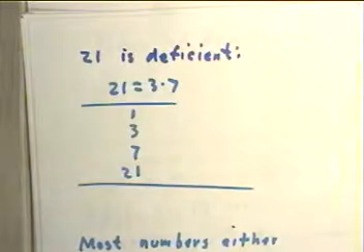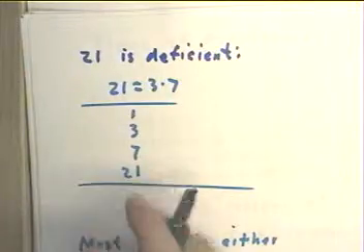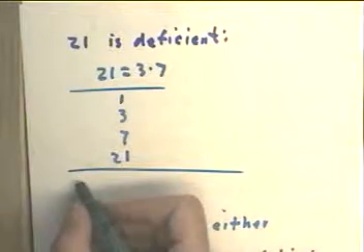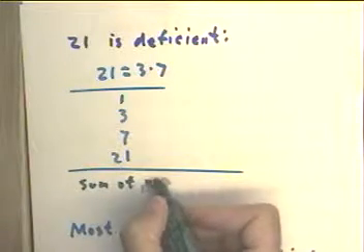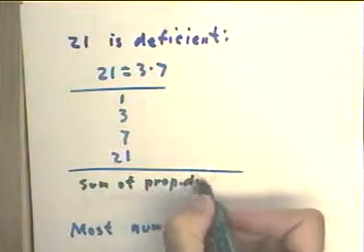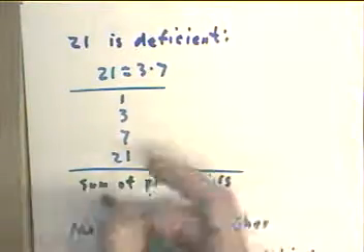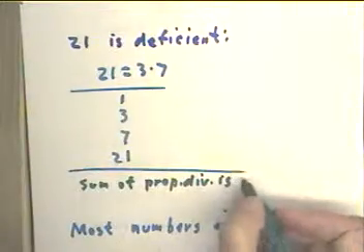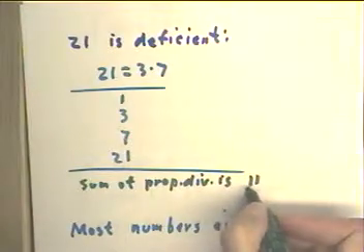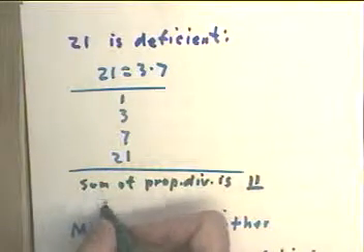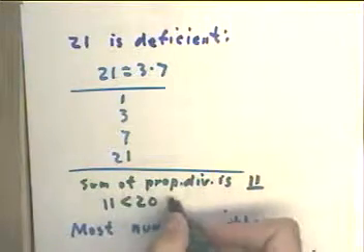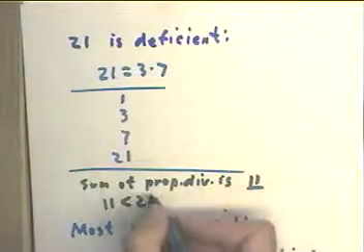If we add up the proper divisors, we get 1 plus 3 is 4, and 7, we get 11. Now we note that 11 is less than 21.